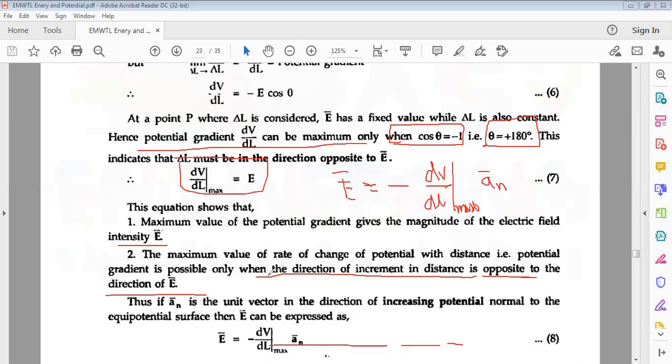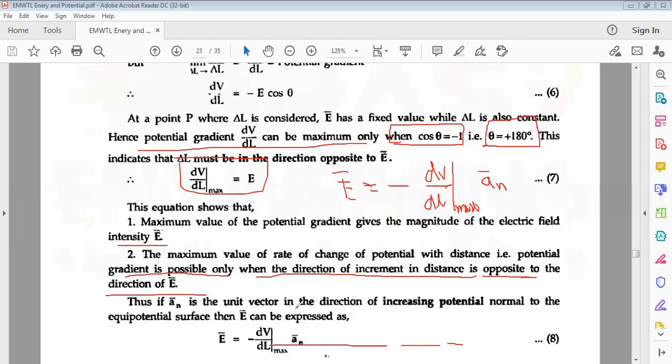The negative sign shows that the maximum rate of change of potential with distance, the potential gradient, is possible only when the direction of increment in distance is opposite to the direction of E bar. So we get that negative sign.